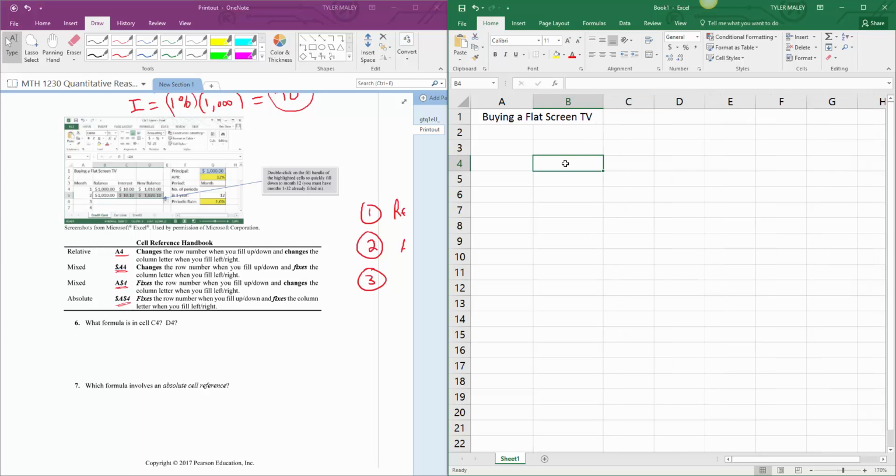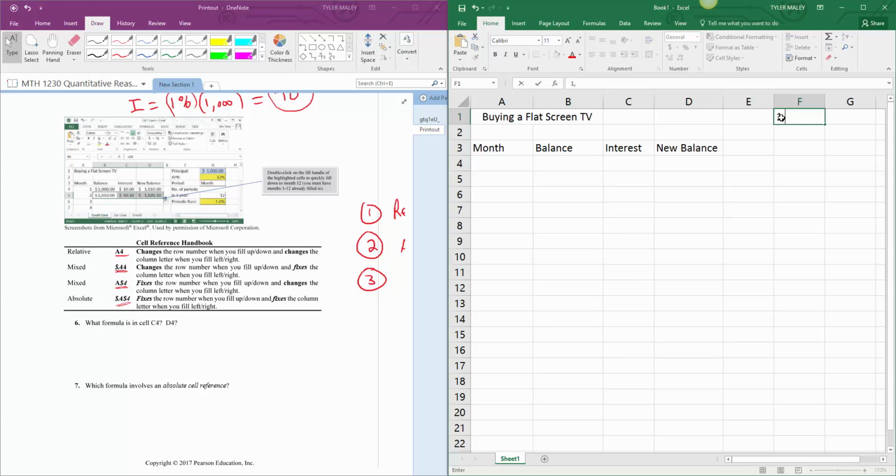Then in cell A3, we have where it says month, and then we have balance, interest, and then new balance. Let's see, and then in cell F1 we have 1,000, and then 12%, so 0.12.